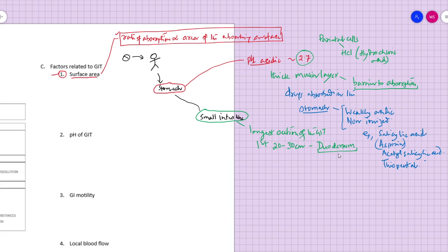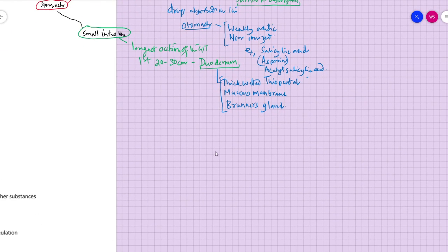So the property of duodenum is that it is kind of thick-walled, and it has got a mucous membrane. And there is a gland that is found only in the duodenum, that's called Brunner's gland. Okay. So that is the property of duodenum.